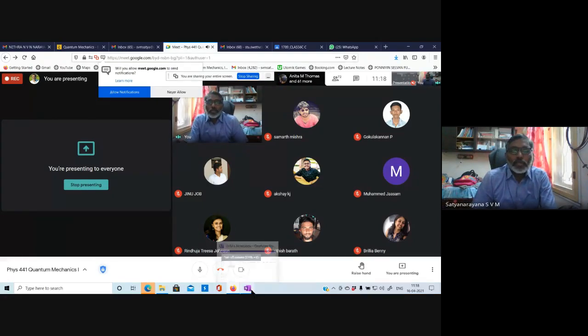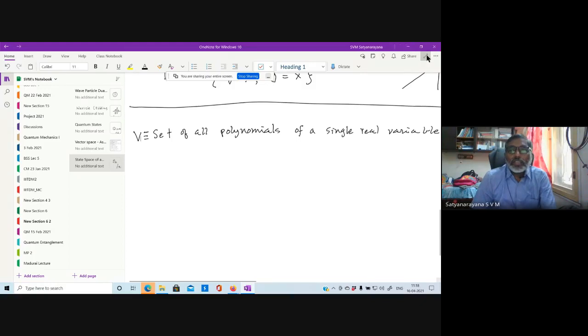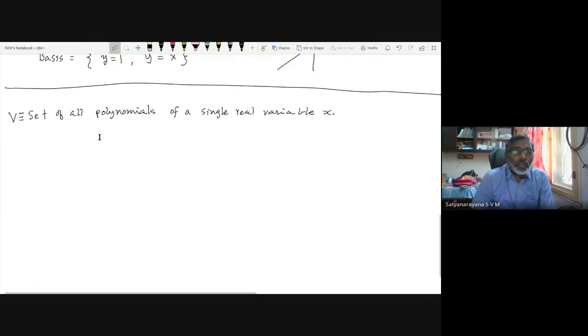But before that, we'll just discuss this example. Suppose you have the set of all polynomials of a single real variable x. That means the order of the polynomial can be anything.